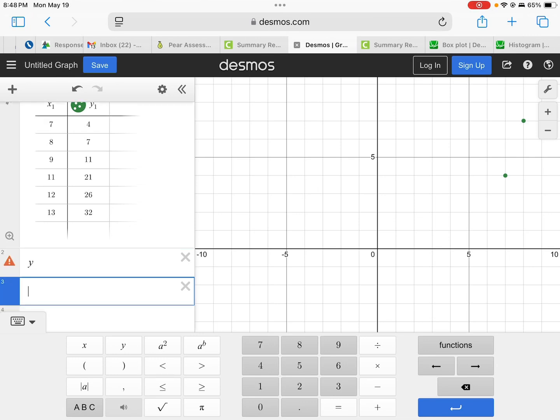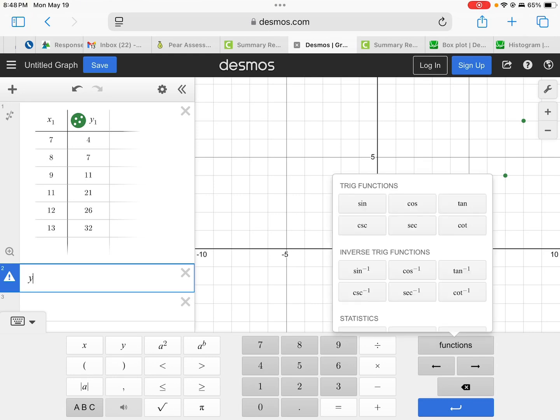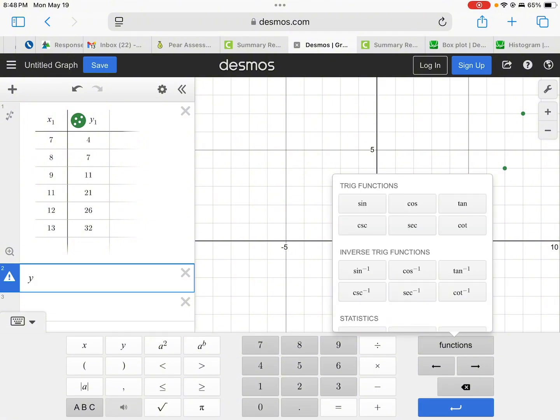Why? Nope. Oops. Where's the squiggly line?